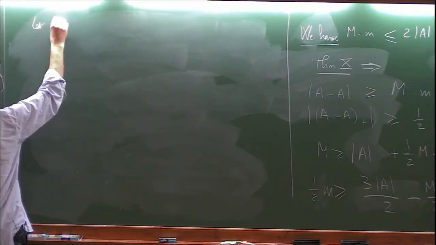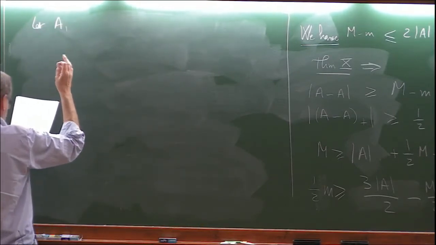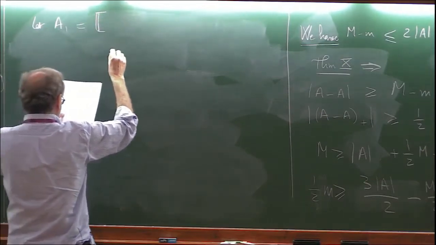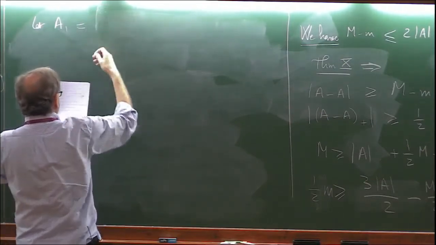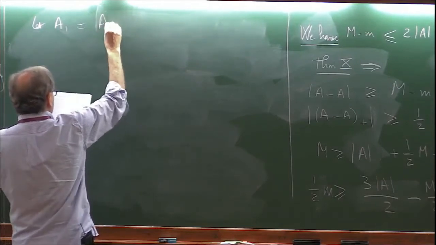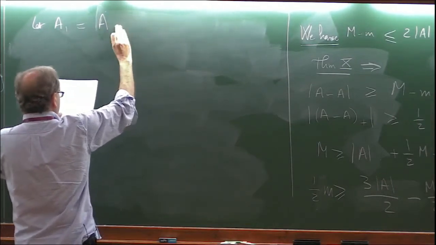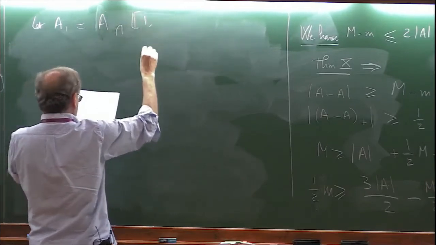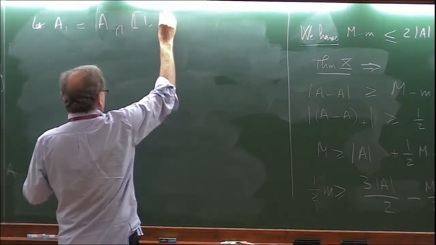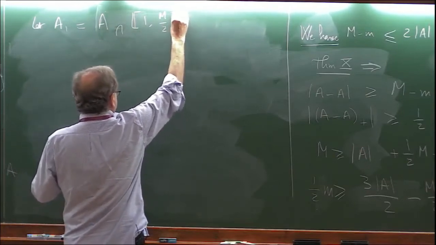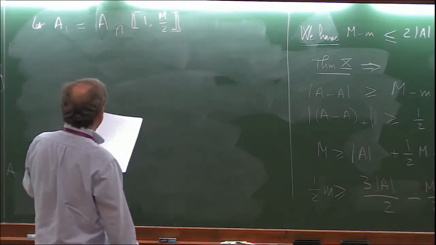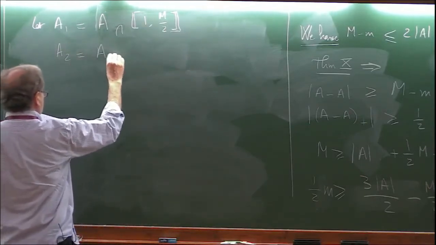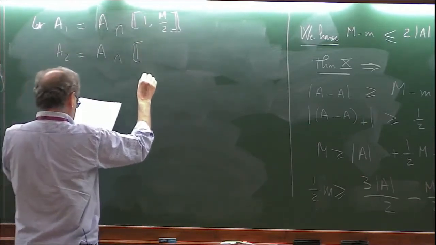Okay, let A1, and again, you really have to check what the value of M is, because what I wrote here is not exactly correct, but I don't want to change it on the board. It would just be losing time. So now I have something which is m over 4, no, m over 2, and A2 is A intersection m over 2 plus 1.